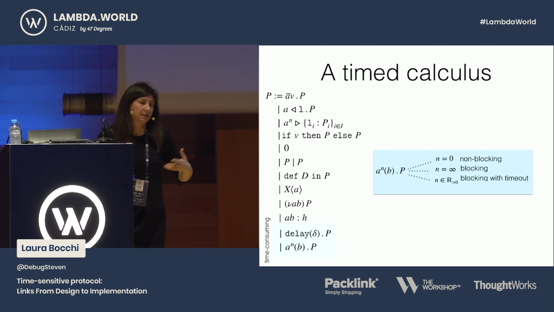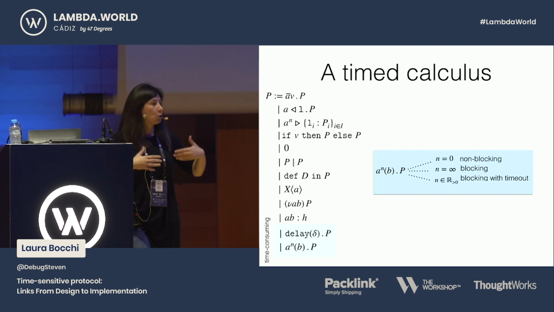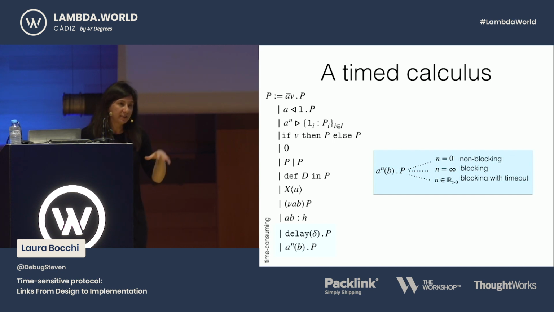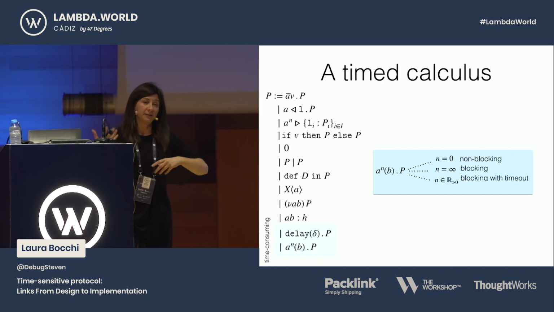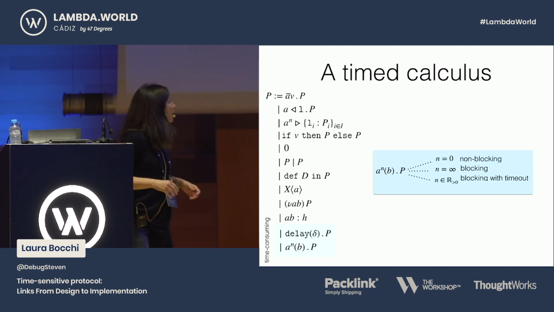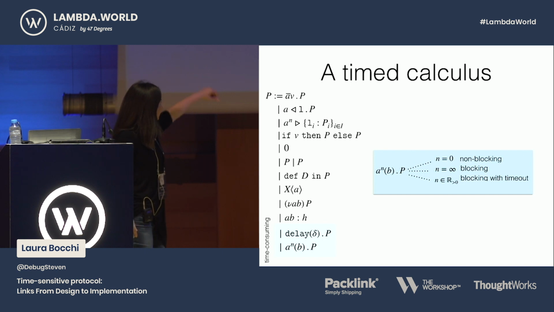Delay delta is a primitive that sleeps, takes some time within an interval delta, and then continues as the process P. And so these are internal delays. And then there are external delays when we are waiting for a message that is not arriving yet. And this is the last one that you can see there.